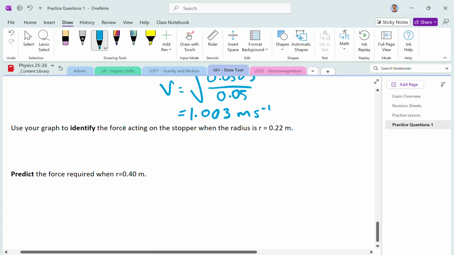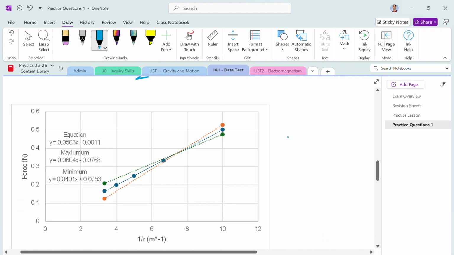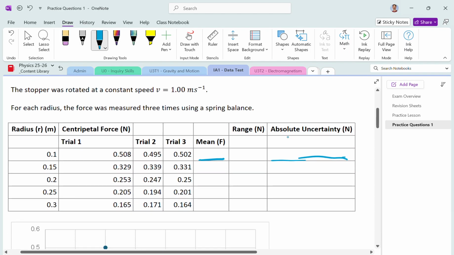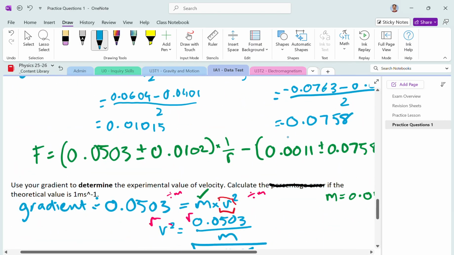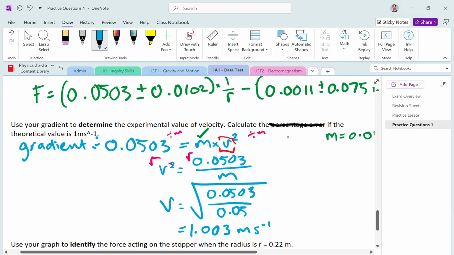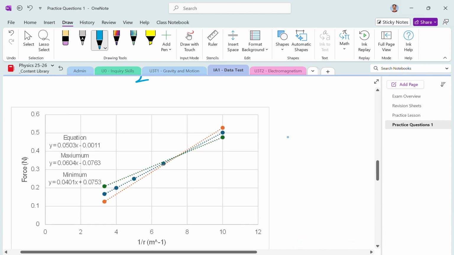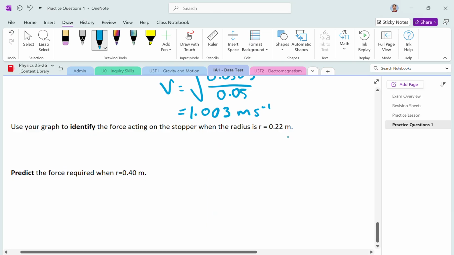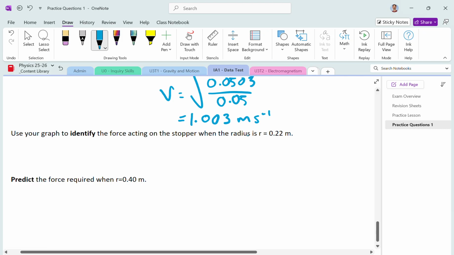Use your graph to identify the force acting on the stopper when the radius is 0.22 meters. Okay. Well, when the radius is 0.22 meters, we are asked to identify the force acting on the stopper.